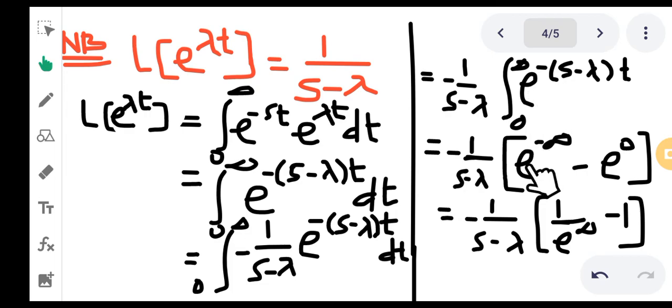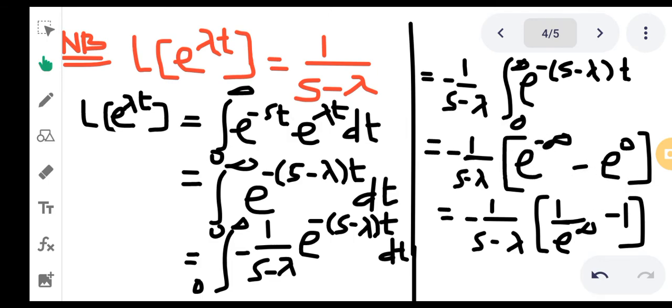Remember, s minus lambda is a constant. When we put infinity where the t is, we are going to get minus infinity. Then we take away the lower limit: the top minus the down.